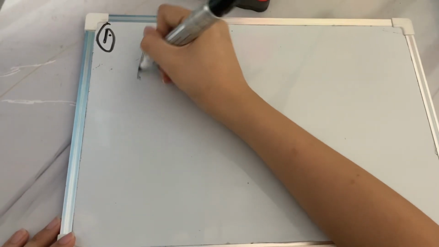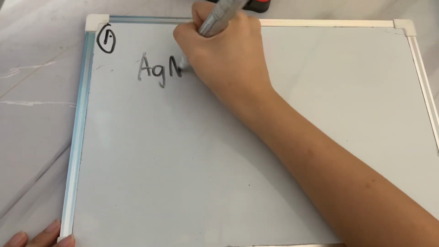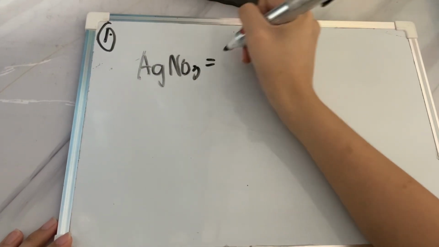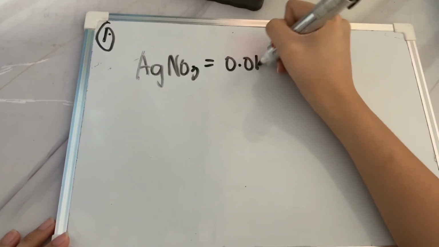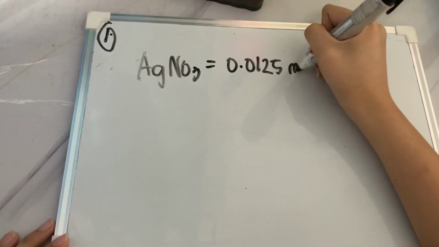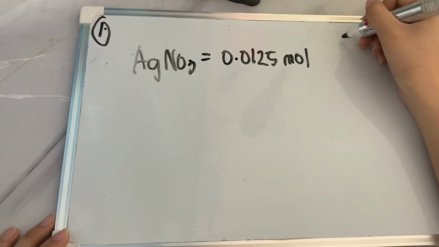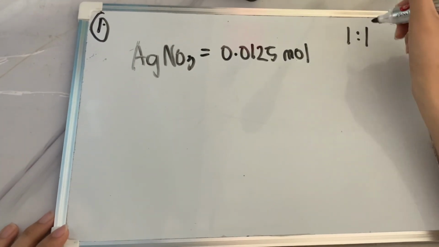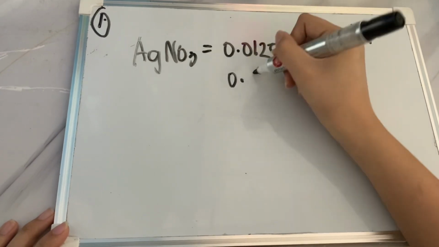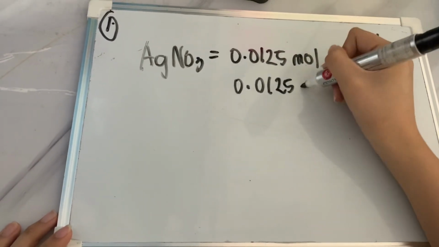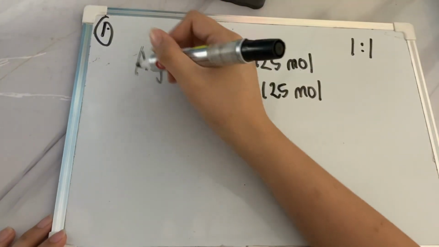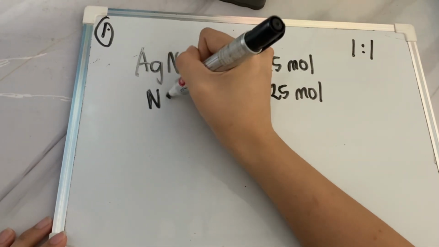The required amount for AgNO3 is 0.0125 mole, and then ang stoichiometric ratio diba niya is 1:1, so meaning kailangan po nato 0.0125 mole ang starting reactant para sa NaCl.